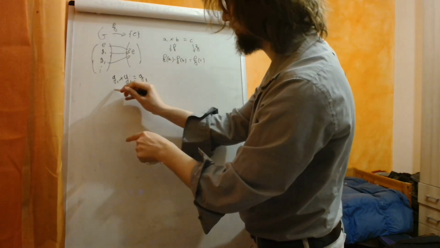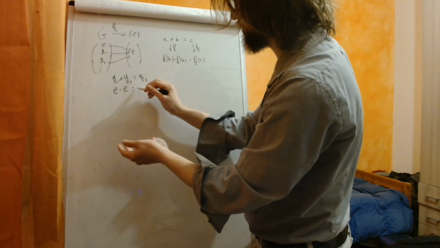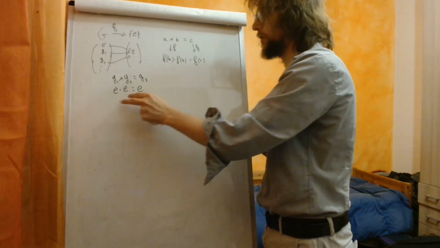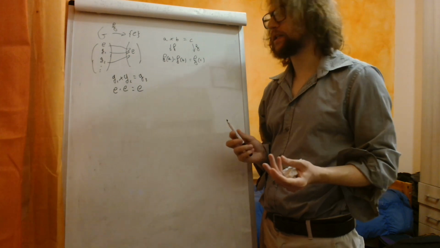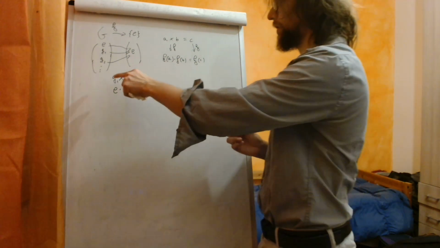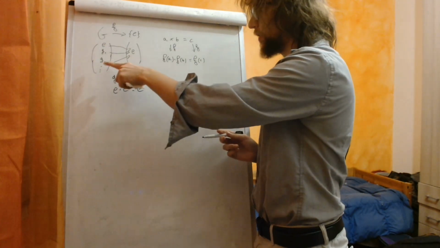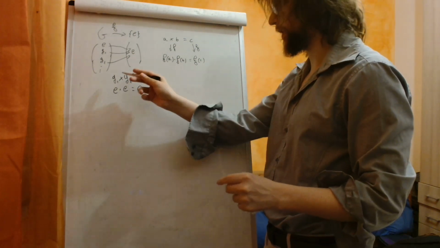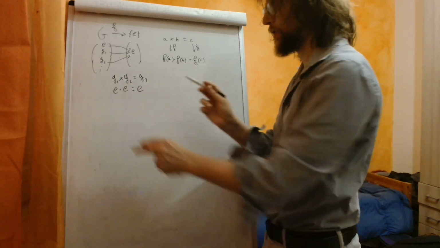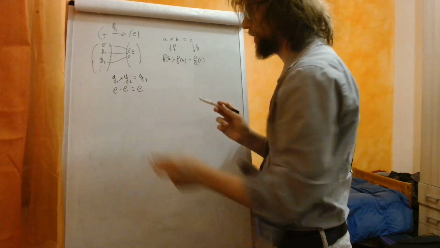Here instead it becomes E times E equals E, which is a trivial operation, and this is clearly a homomorphism, but it's definitely not bijective, because here, when you do operations, you can still distinguish between the elements on which you are operating. Here instead you can't distinguish between these two elements.